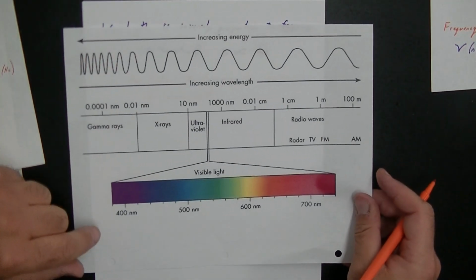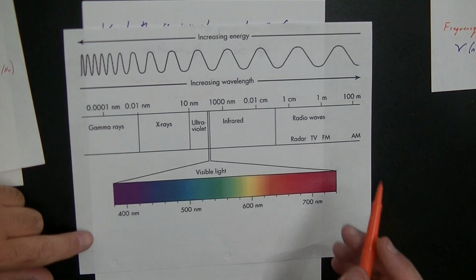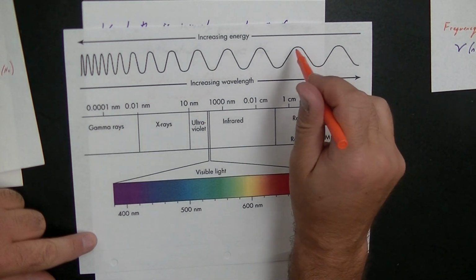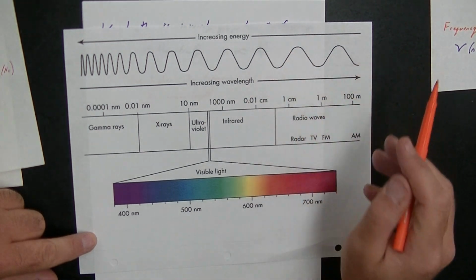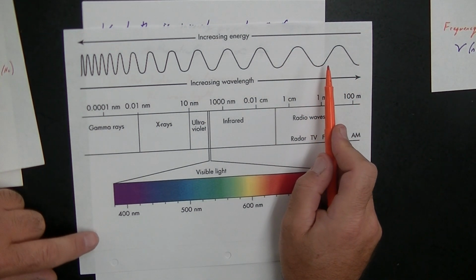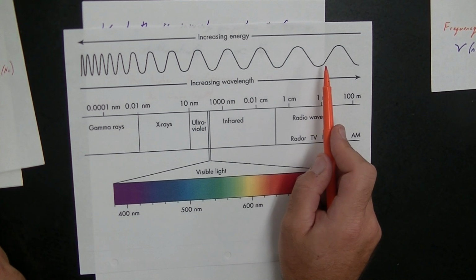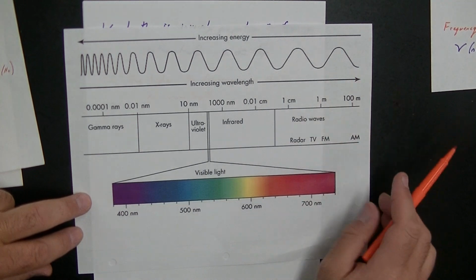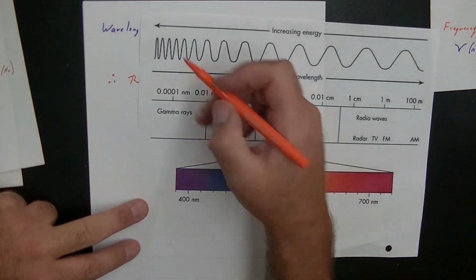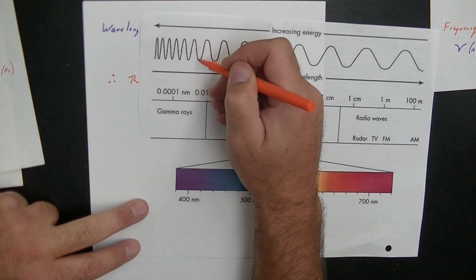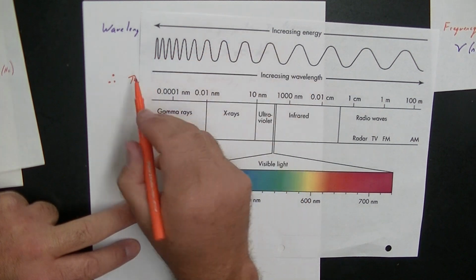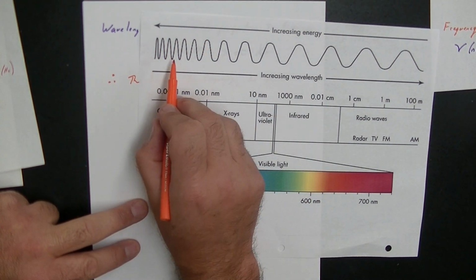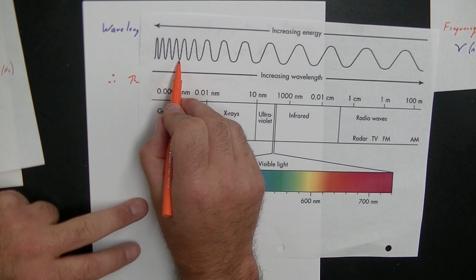Okay, so if we go back to this diagram right here, these have very long wavelengths over here. So the frequencies, okay, they're going to be less frequent. The frequency is going to be less. Over here we got really short wavelengths. Okay, and we're going to have lots of waves passing a specific point, okay, per second.